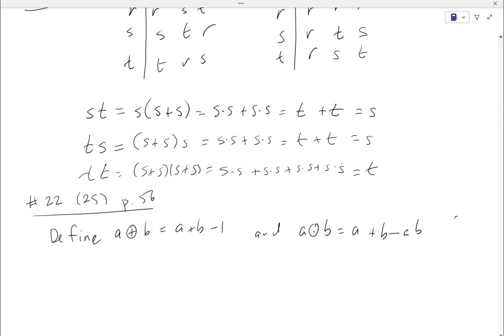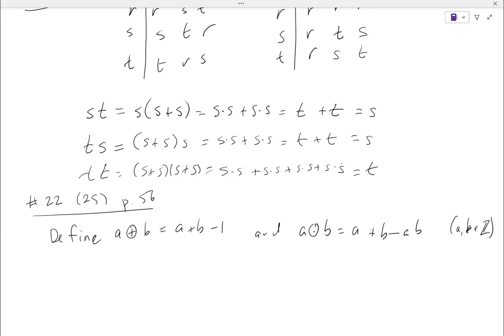Your A and B are integers here. Remember we had the one example in linear where we had the wacky addition and wacky scalar multiplication. This reminds me of that a little bit.